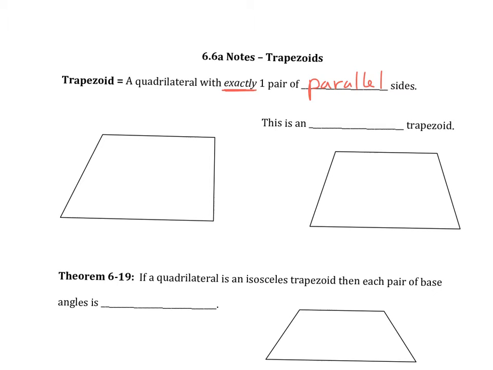So here's the different parts that you'll see. The two that aren't parallel are called your legs. And then your parallel sides are called your bases, okay? So this is a base, and this is a base. Then with that, there are what are called base angles, and technically everything is a base angle, but you have to associate them with a particular other angle.